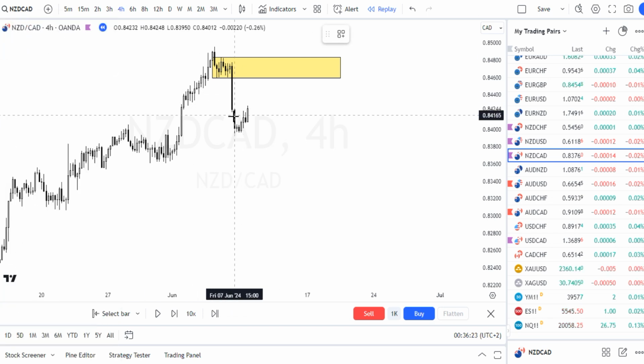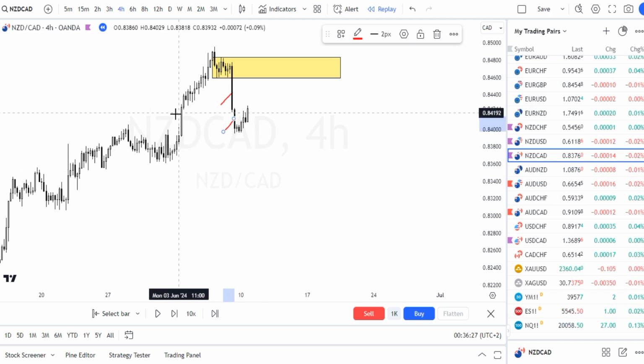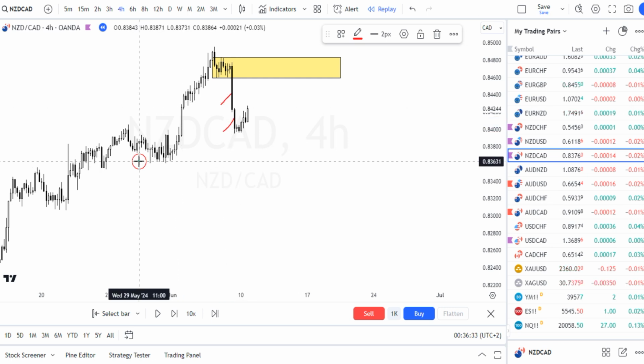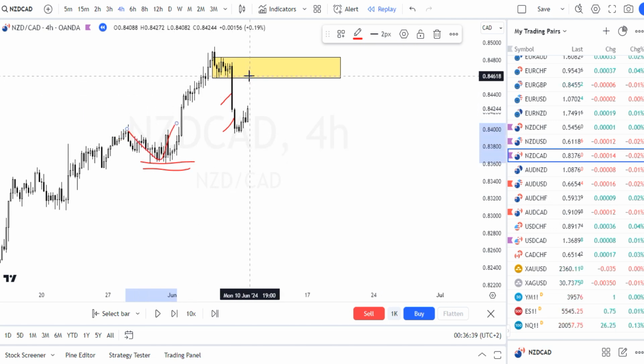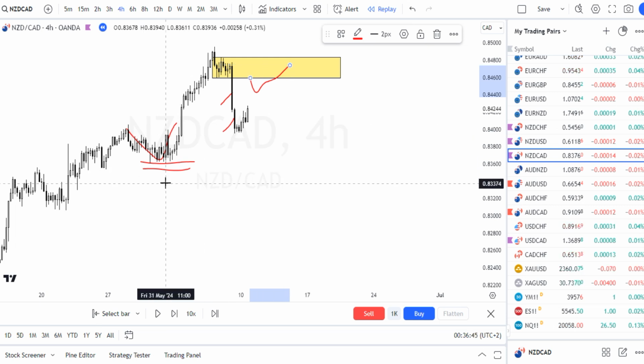This move did not remove the opposite imbalance. If this move removed this low here, then we could take this trade. But it did not.